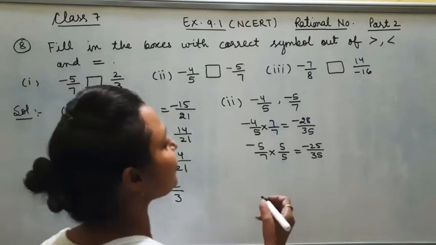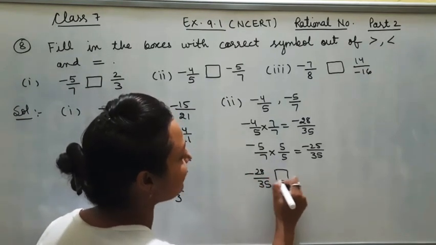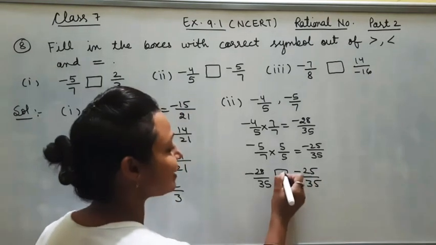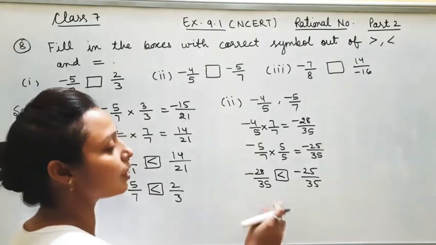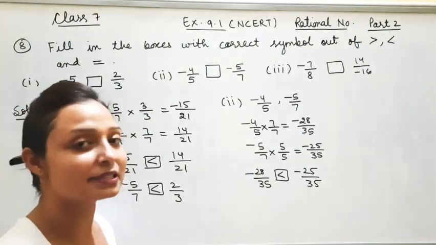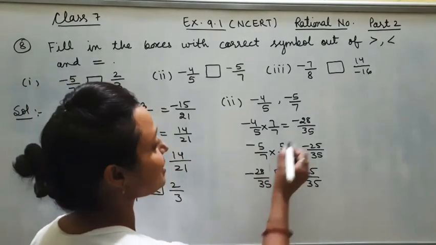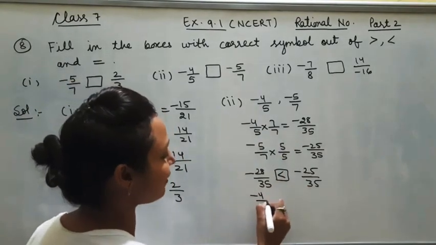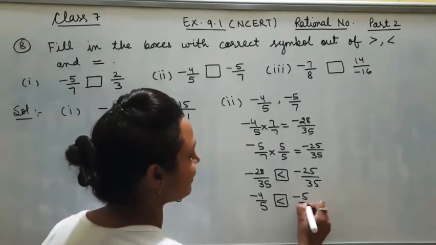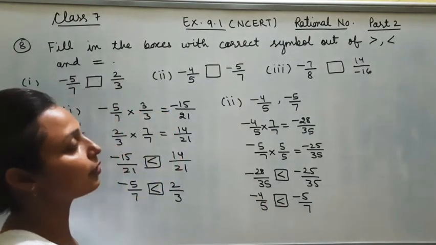Now out of these two, minus 28 by 35 and minus 25 by 35, which is greater? This is greater, because in negatives, the greater term is smaller and the smaller term is greater. So minus 25 by 35 is greater. So minus 4 by 5 is less than minus 5 by 7. This is the way to solve the second part.